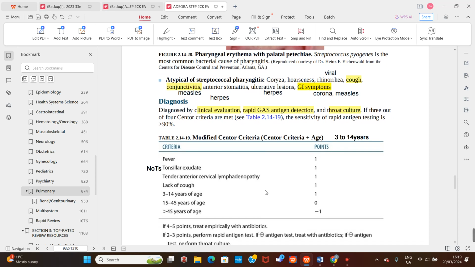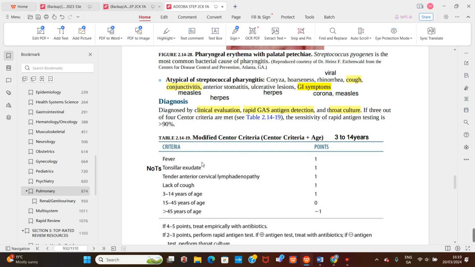The first thing to have at the back of our mind is that this infection is common in people within the age group 3 to 14 years. So anybody within this age group takes 1 point immediately. Then the acronym is NOT: no cough, then the T's.